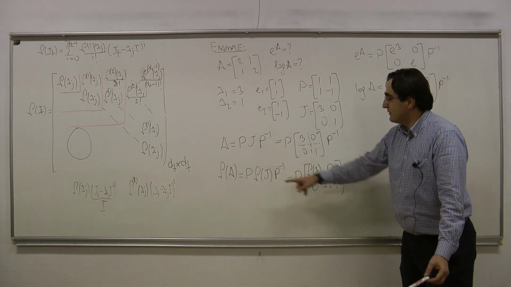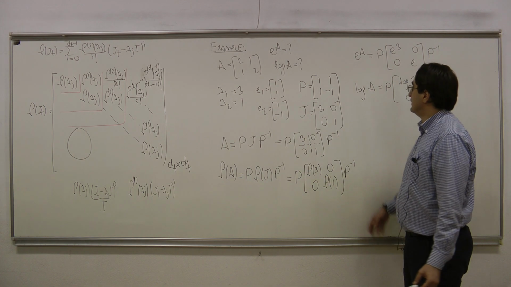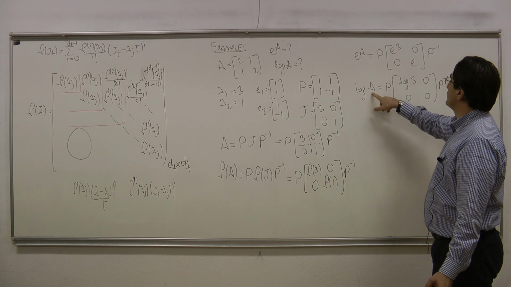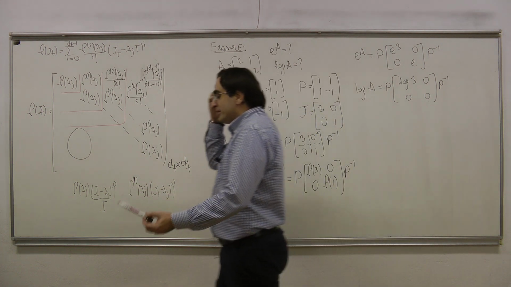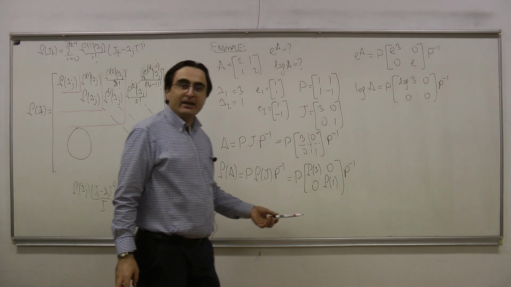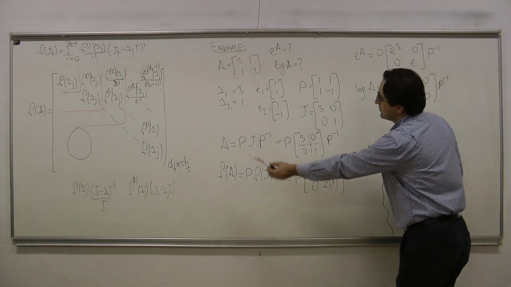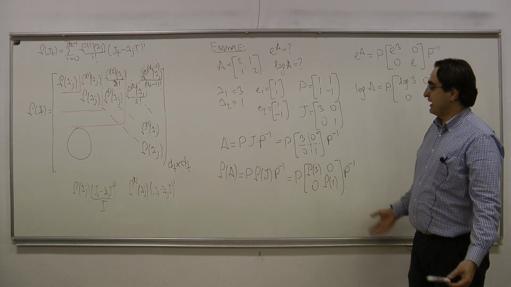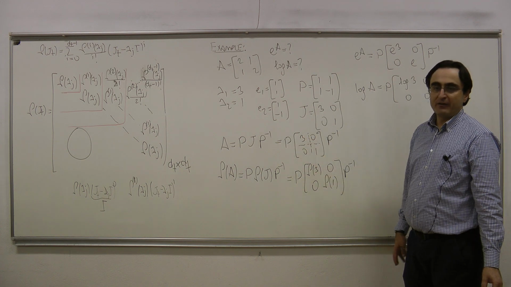That means that the eigenvalues of f of A are nothing but f of 3 and f of 1. Eigenvalues of e to the A are e cubed and e. Eigenvalues of the logarithm of A are log 3 and 0. So when you know the eigenvalues of the matrix A, you directly know the eigenvalues of the matrix f of A. You obtain them by passing the eigenvalues of A through the function f.